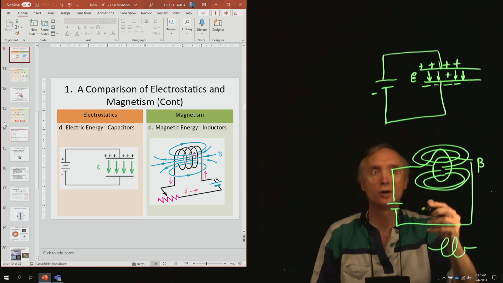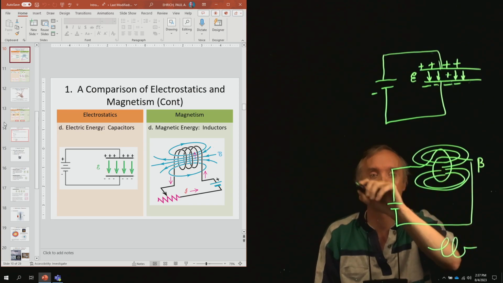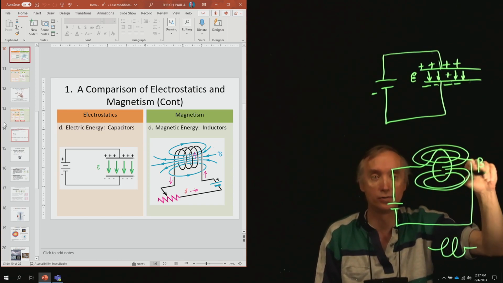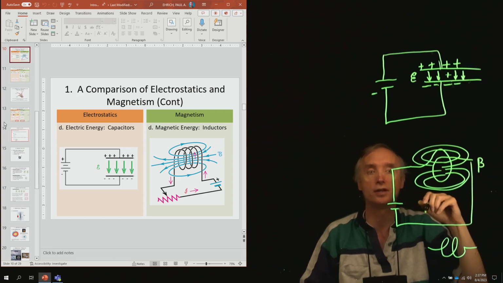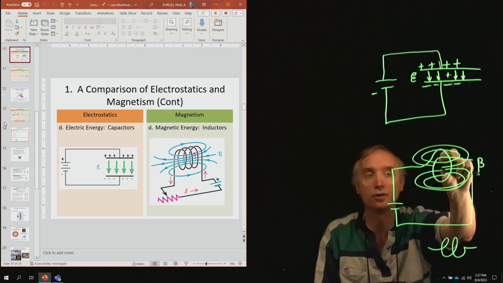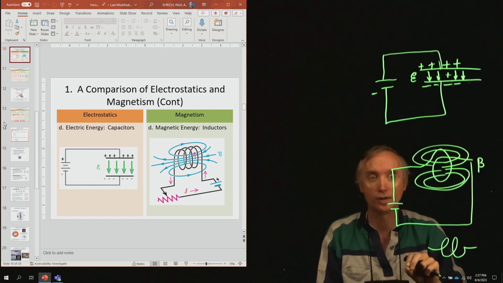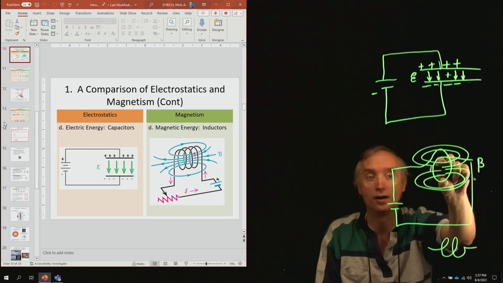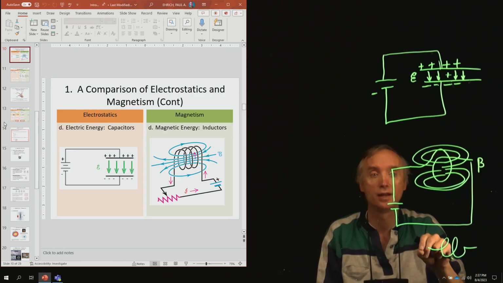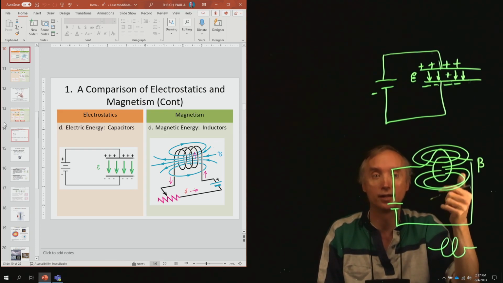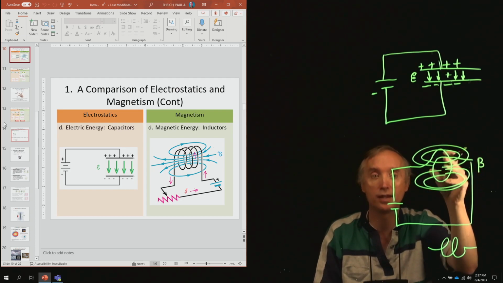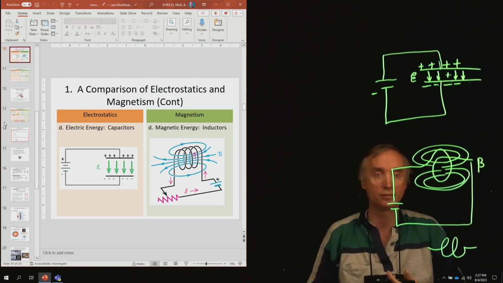So a normal inductor is going to have something like 100 coils in it, and so the inductor is going to store magnetism. It's also going to store electric current in there. It's also going to store electrical energy, and that electrical energy then can be used for something.